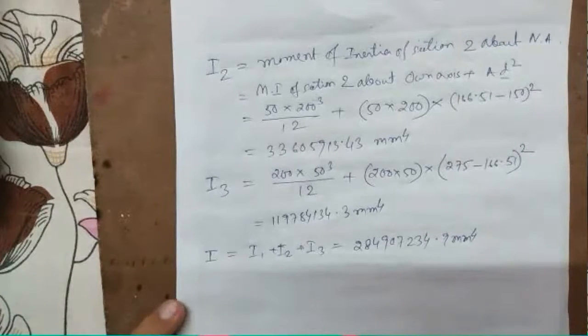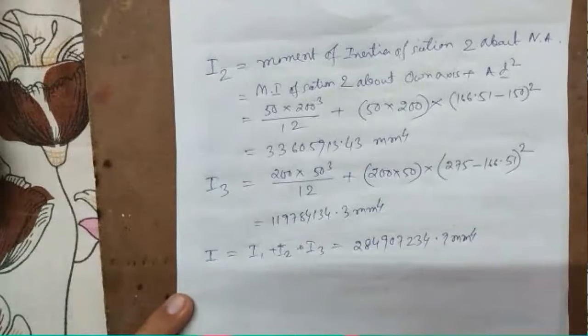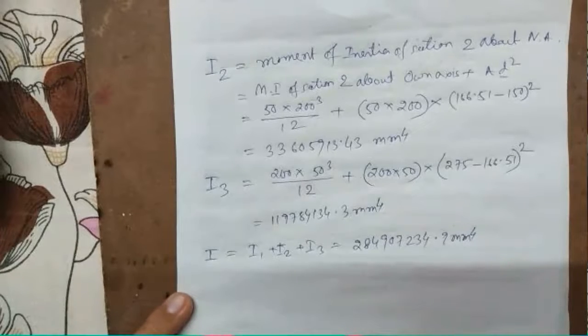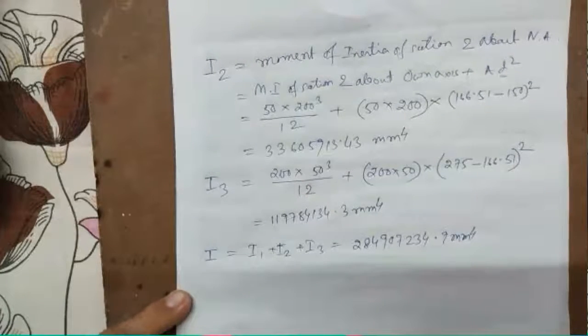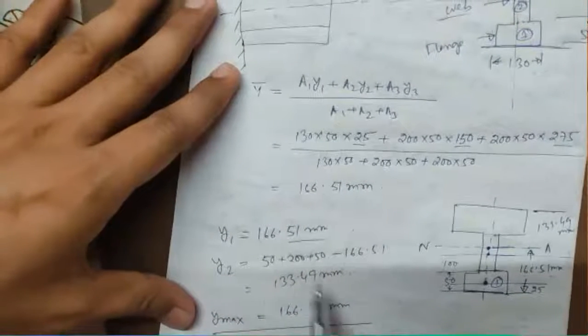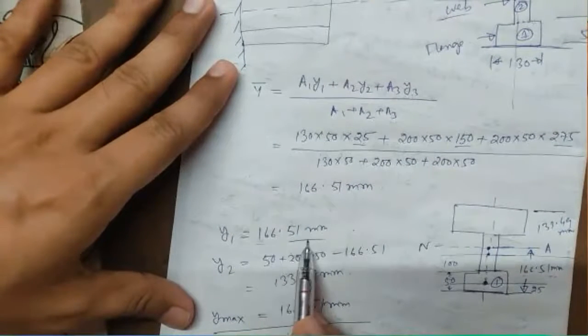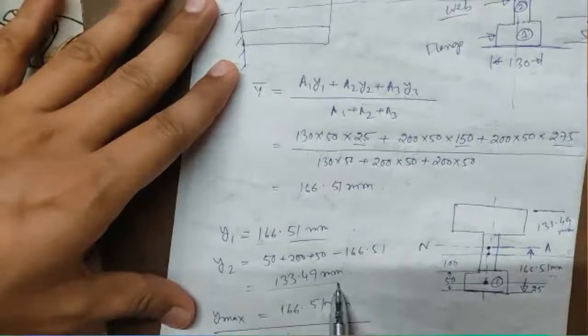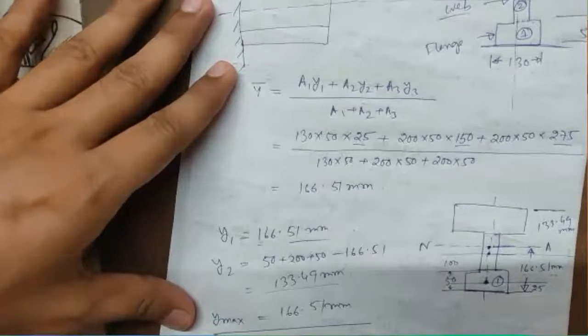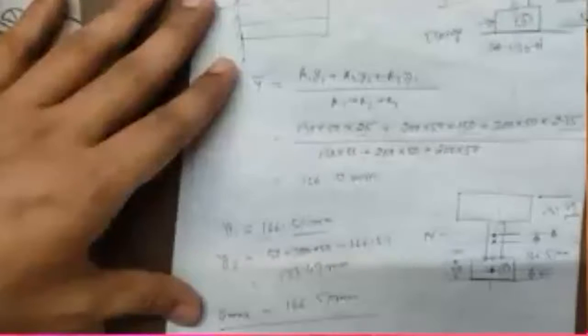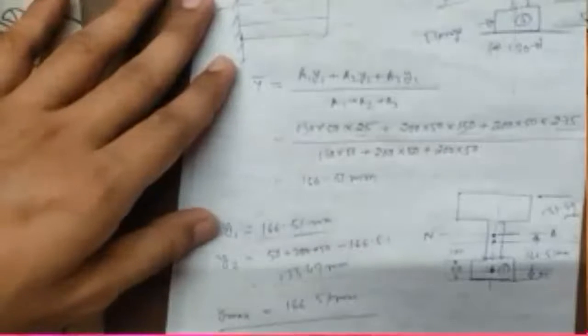Okay, now we have found out the I. We have our maximum Y that we have already found out. We have two values of Y, 166.51 and 133.49. So to get maximum bending stress, we take 166.51, and that is at the bottom face.